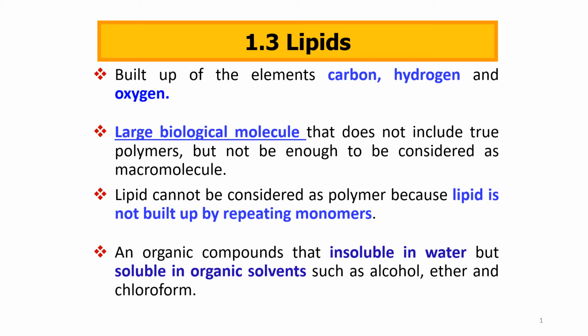Lipid is also not big enough to be considered a macromolecule because a triglyceride is composed of one glycerol and three fatty acids only. It is not composed of hundreds of repeating monomers as in polysaccharides such as glycogen or cellulose.